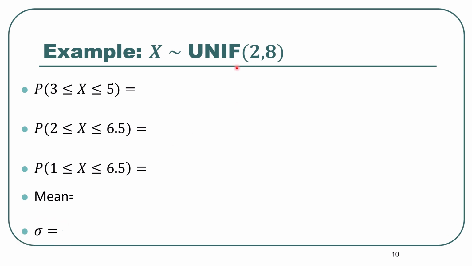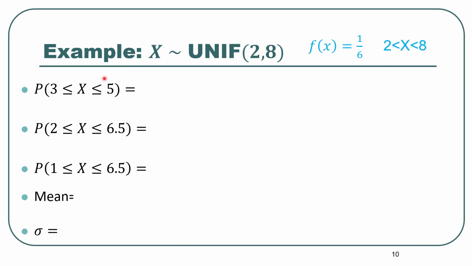So what is f of x for x following a uniform distribution on 2 to 8? This is again 1 over b minus a, so we end up with 1 over 6, for x inside that interval.